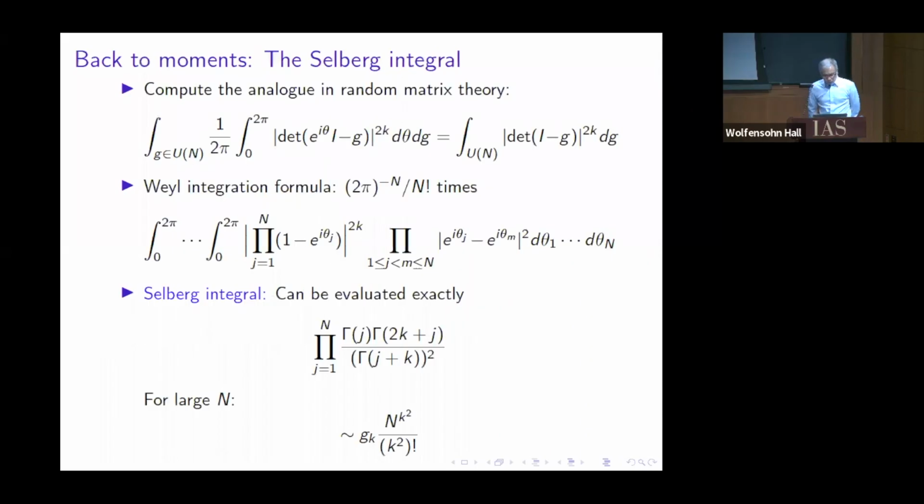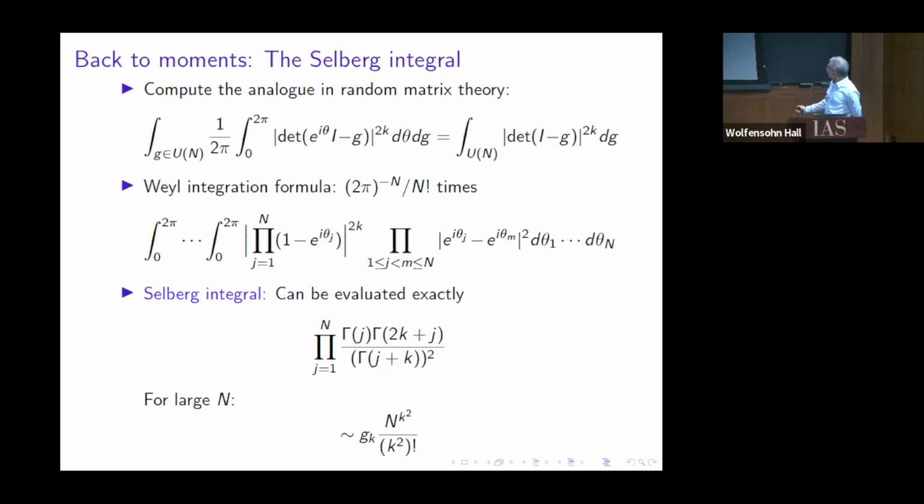So once you have this insight, you can then go back and make predictions for the moment. So instead of computing the moments for zeta, you could try to compute the analogous moments of characteristic polynomials of a random matrix. So it's a matrix integral, which you can write down. And amazingly, this integral can be transformed to an integral that was evaluated by Selberg.